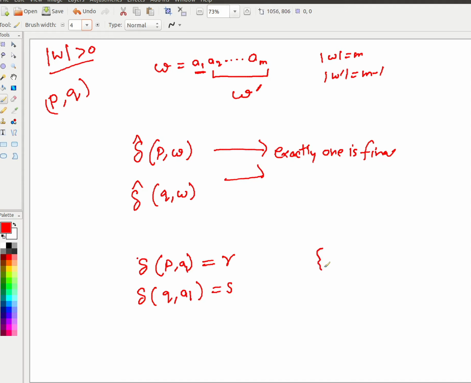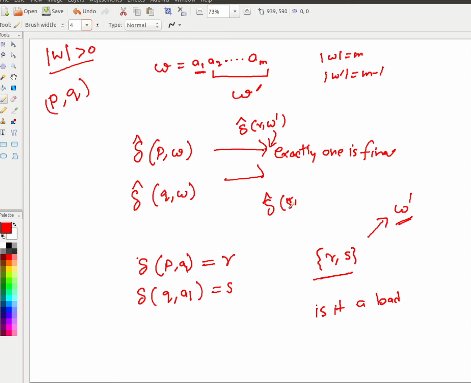Now, let's talk about this pair R and S. My first question is, is it a bad pair? Certainly R and S are distinguishable, yes or no? R and S can be distinguished by W dash. Delta cap of RW dash will come to the same place where you are going, and delta cap of SW dash will bring you here.